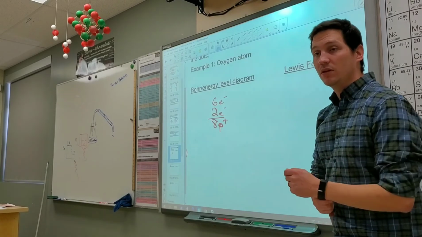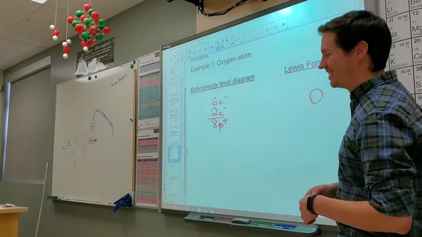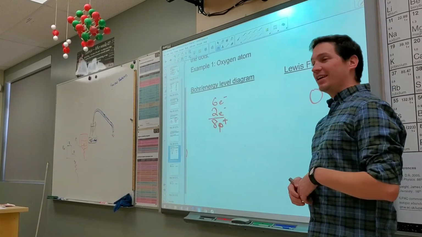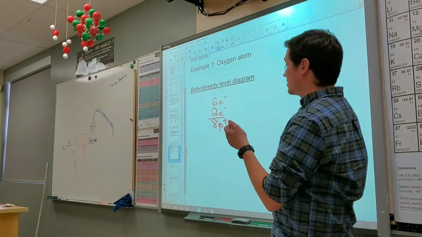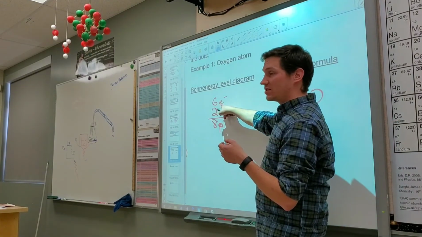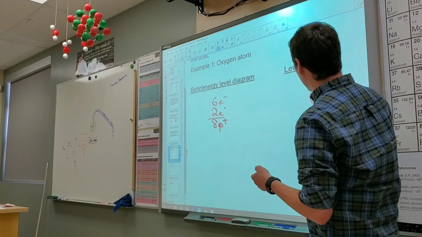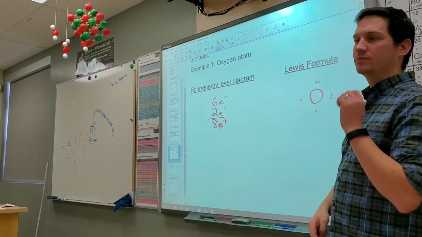What's the symbol for oxygen? Yeah, it's an O. You had your brain on the last problem. That's okay. That's it for the center, at least. Now, how many valence electrons does oxygen have? 6. 1, 2, 3, 4, 5, 6. Done.